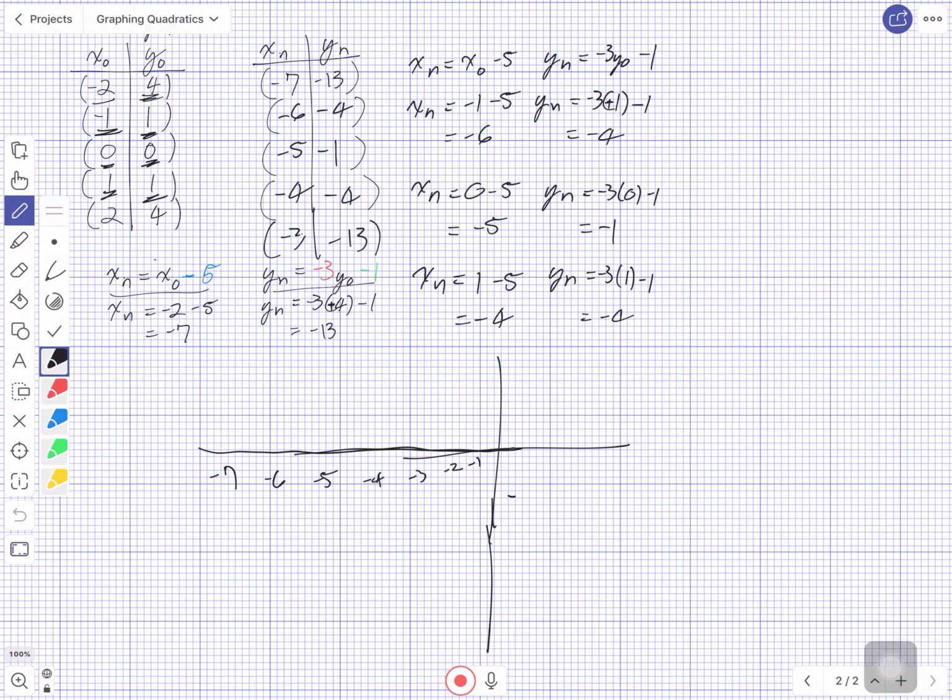We're going to do estimating, and we'll go really accurate on that graph, okay? So at negative 7, we should be at negative 13. I'm going to say that's about here. Negative 6, we should be at negative 4. It's about there. Negative 5, we should be at negative 1. Probably about there. And then the y values are the same again for 4 and 3. And we do a rough sketch. There we go. Here's my parabola. That's my general sketch of it, okay?